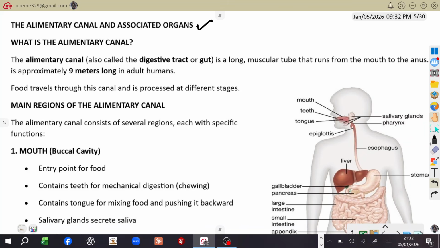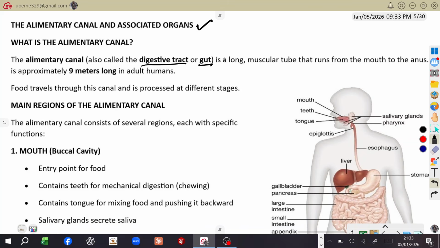They may trick you by asking for the other name of the alimentary canal. You must know that it is the digestive tract or gut.